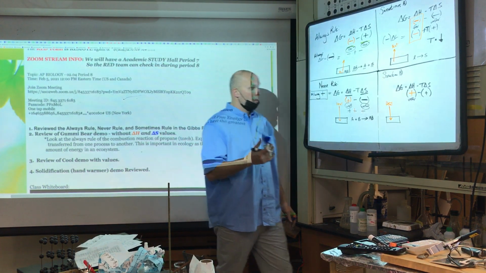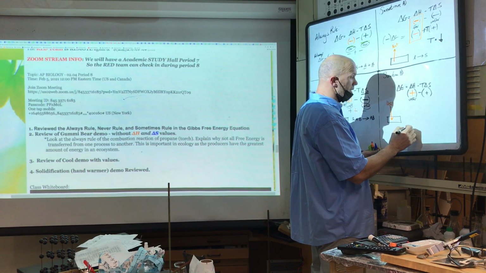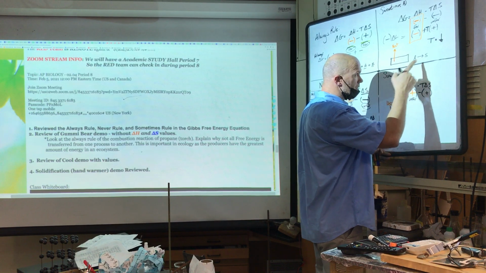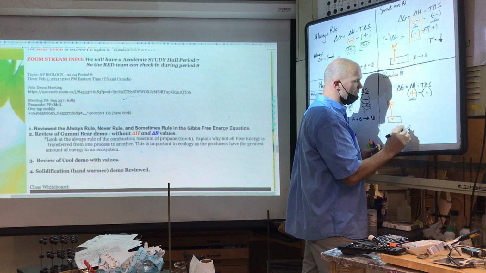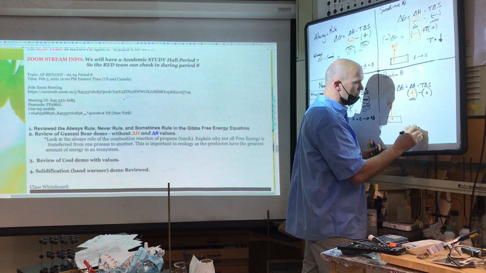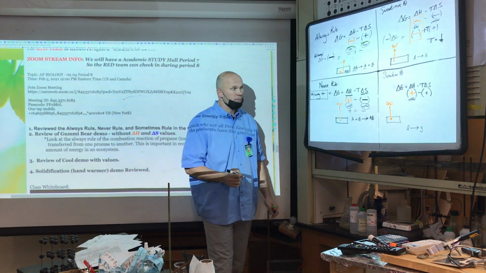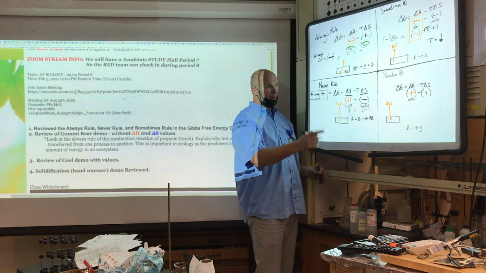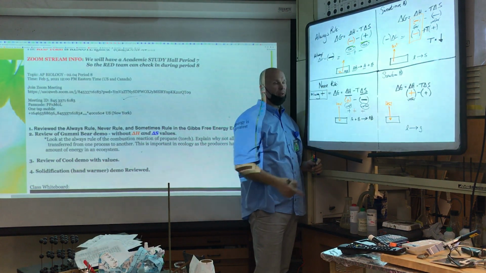For instance, a solid melting to a liquid, or in this case, a liquid going to a gas. Or I could write this. It doesn't have to be a phase change. I'm just giving you examples.